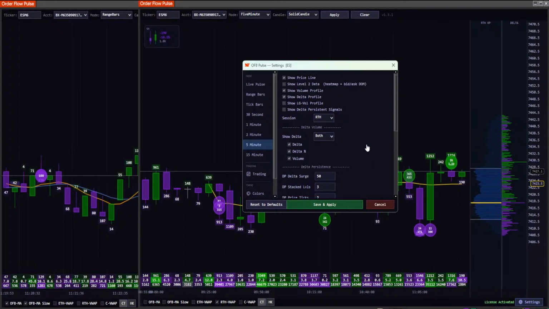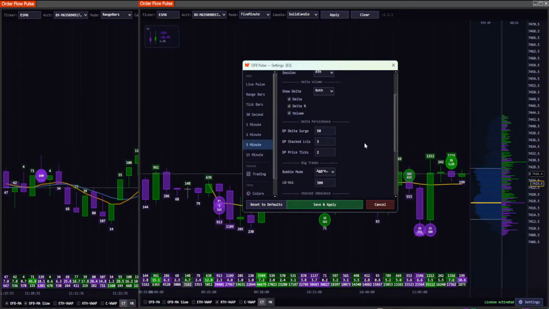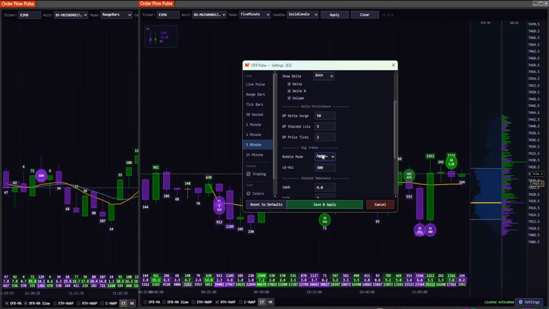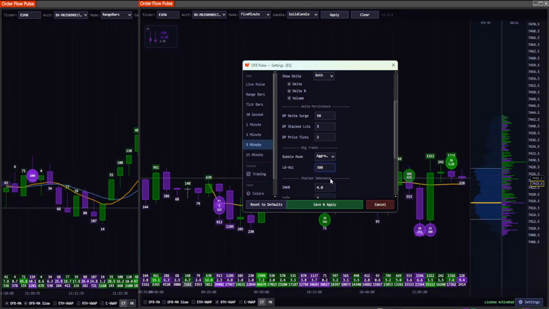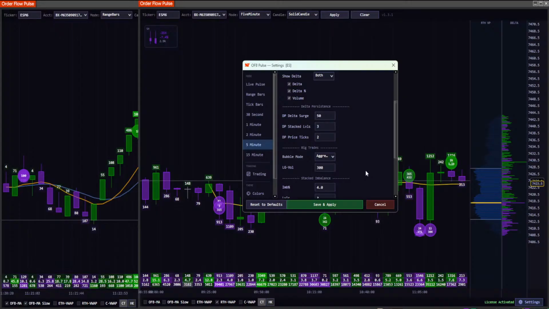Okay. Let's go over to 5 minute. The 5 minute big trades aggregated 300. I have it set to 300 for the ES. When we get into a different trading environment, these numbers are going to change. Okay, once this Middle East crap gets settled, these numbers are going to change more than likely.